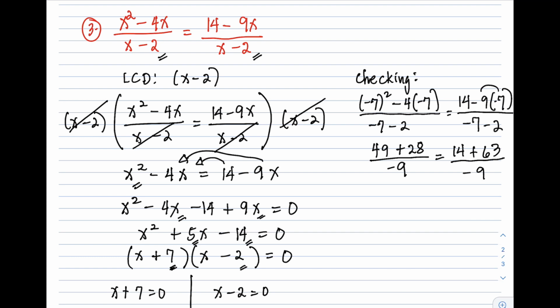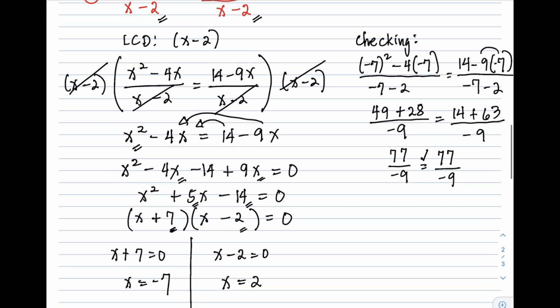Okay? Then 49 plus 28, that is 77 over negative 9 equals 14 plus 63 is 77 over negative 9. So therefore, si negative 7 is a solution ng ating equation.